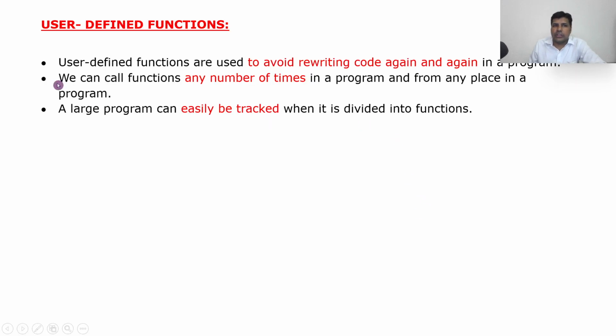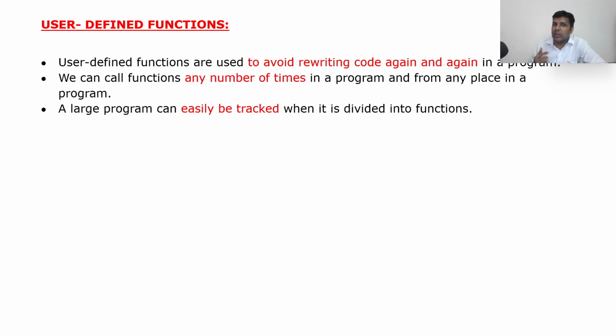First, user defined functions are used to avoid rewriting code again and again in a program. We can call a function any number of times in the program from any place in the program. For example, if you want to run the same code multiple times and you write it in the main program, it will run only once.